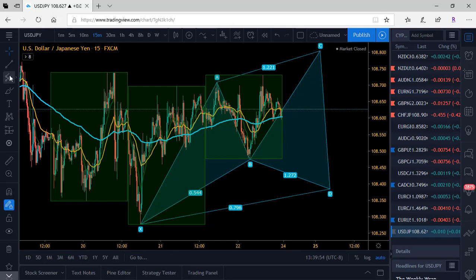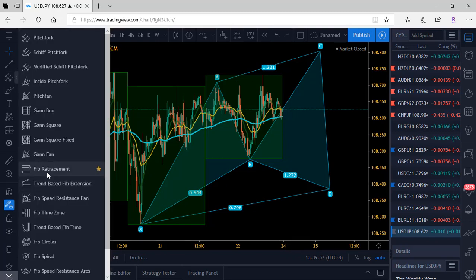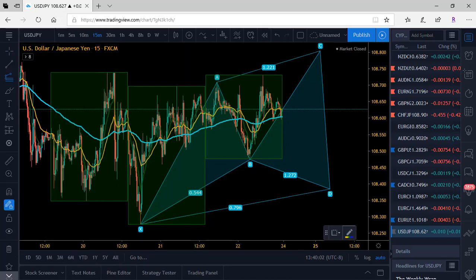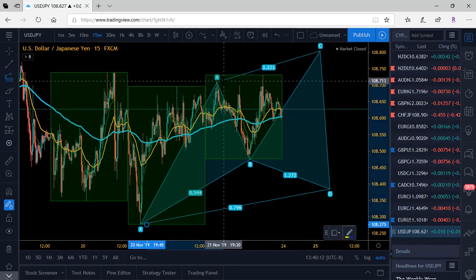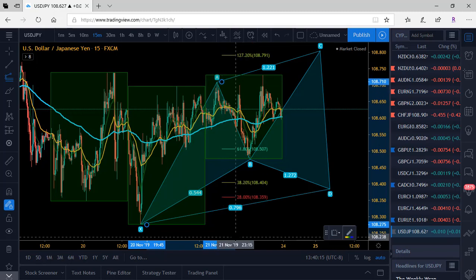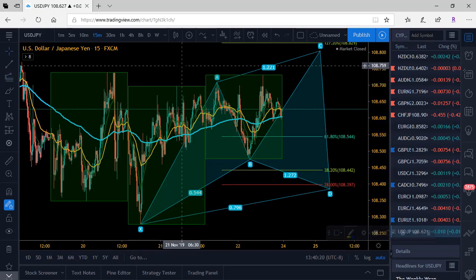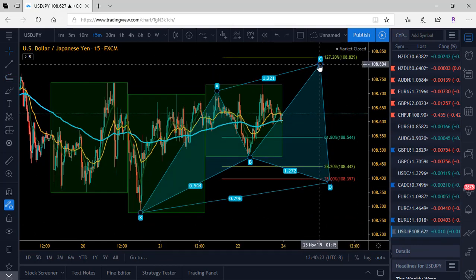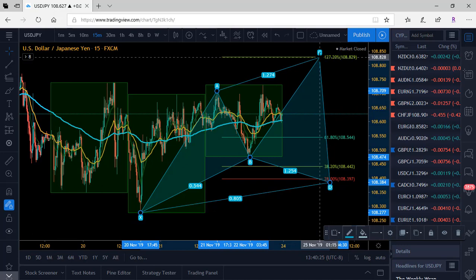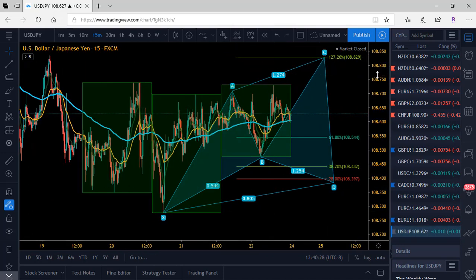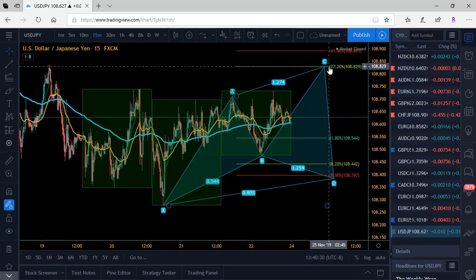I'm going to use my Fibonacci extension tool to identify the criteria for the C point. I start with X to A back to X using the Fibonacci extension. This is the minimum for the C point on that Cipher.